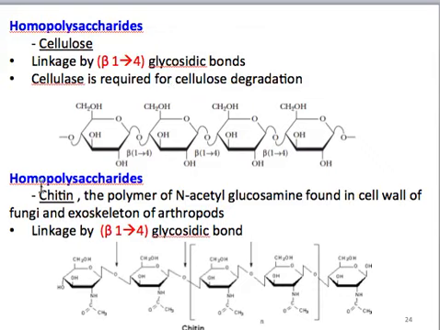Chitin is another homopolysaccharide found in the fungi cell wall and the exoskeleton of arthropods. It comprises N-acetylglucosamine joined together with beta-1,4 glycosidic bonds. Like cellulose, humans do not digest chitin for energy, so it acts as a dietary fiber as well.